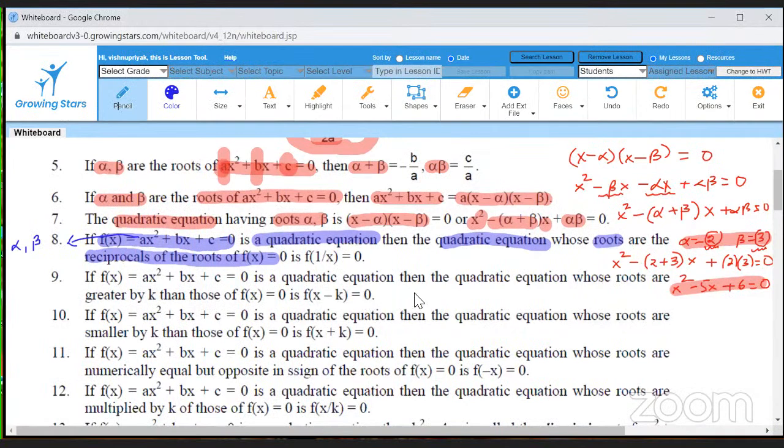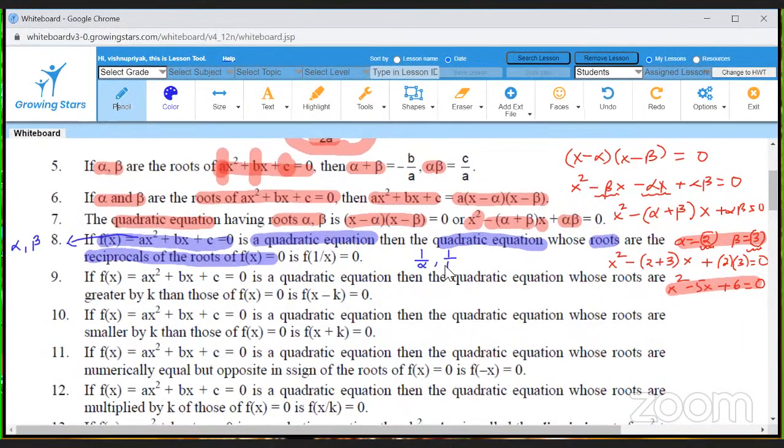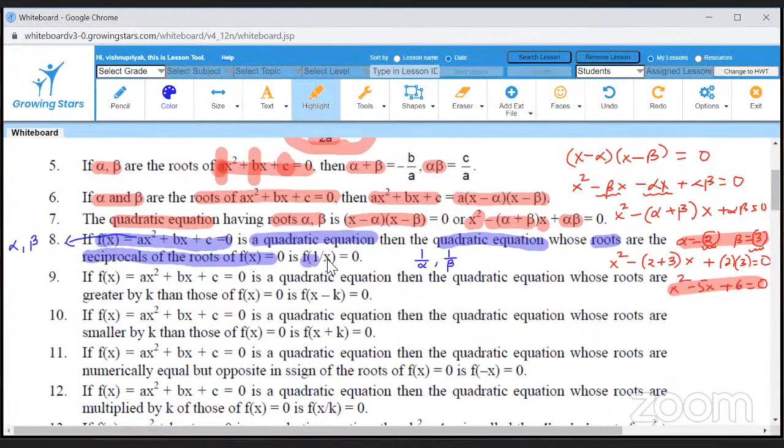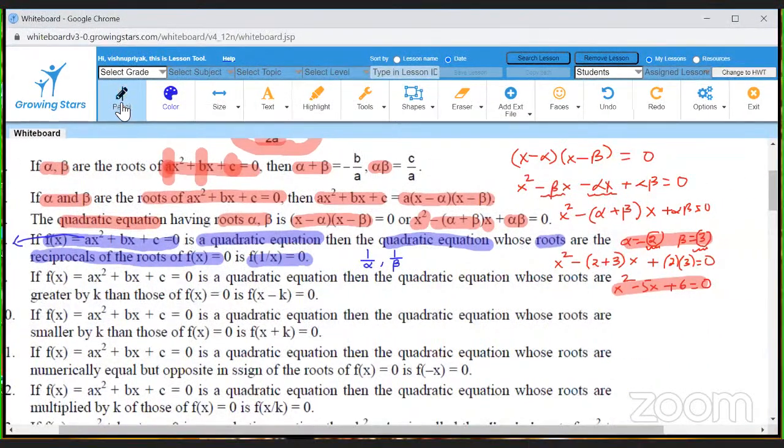For the other quadratic equation, the roots are the reciprocals, 1 by alpha, 1 by beta. And then you will get the quadratic equation by f of 1 by x equal to 0. Actually, how to use this formula, I will tell you. Suppose we take this equation only. I will erase this so that we will have space.